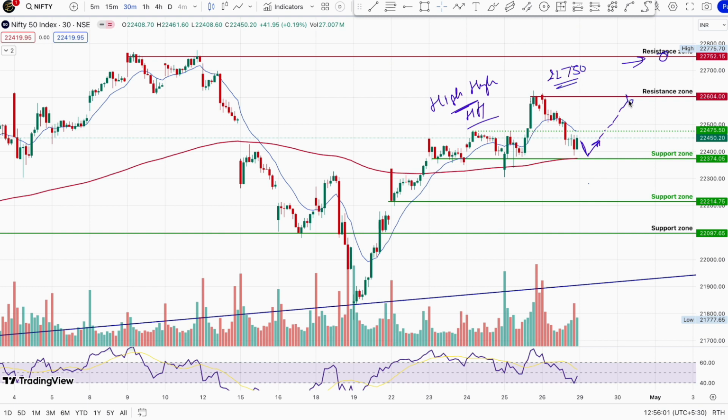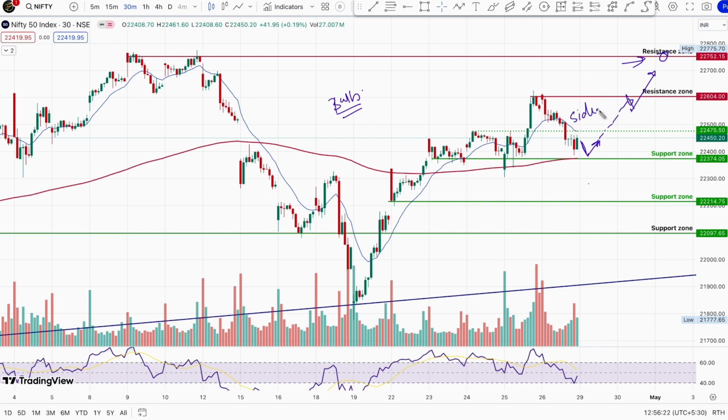But for tomorrow, since we have already checked bears and bulls, the bulls are weak. If the bulls are weak, then for the bulls to gain control, I would say it would take some time and the market is going to be sideways.